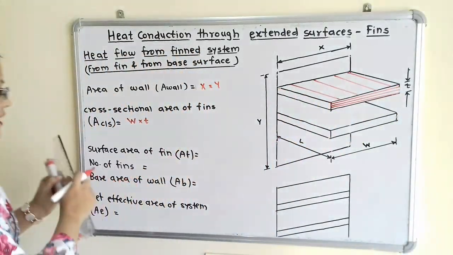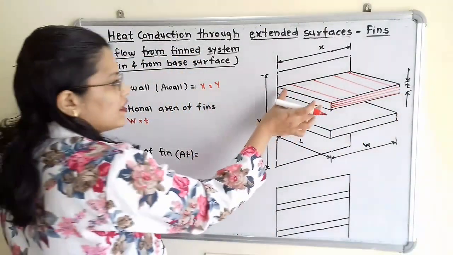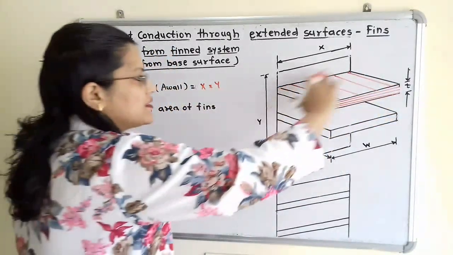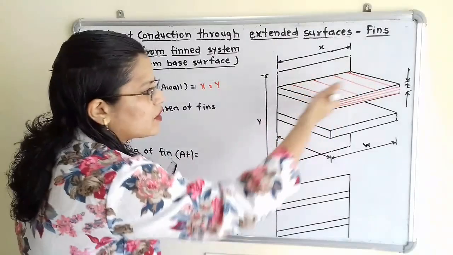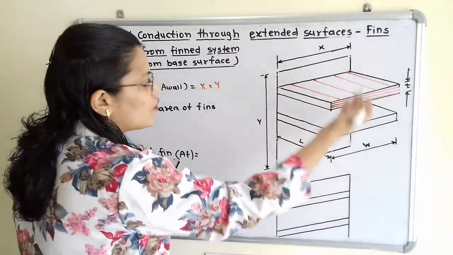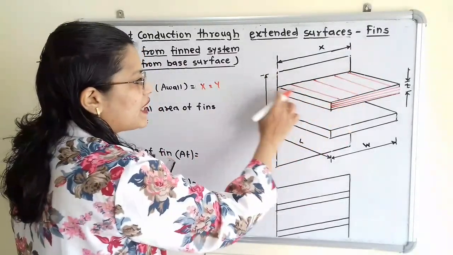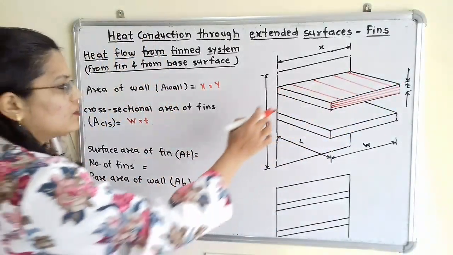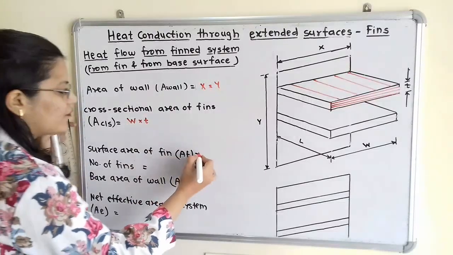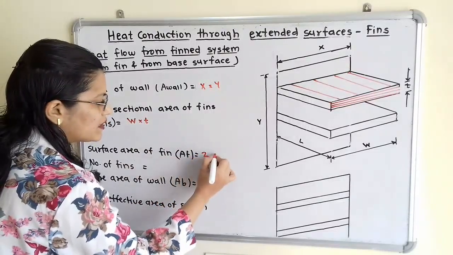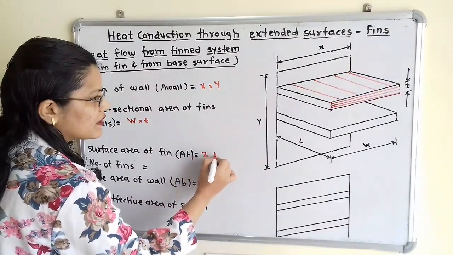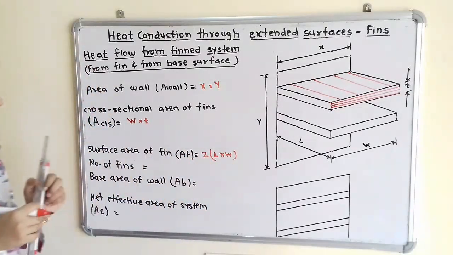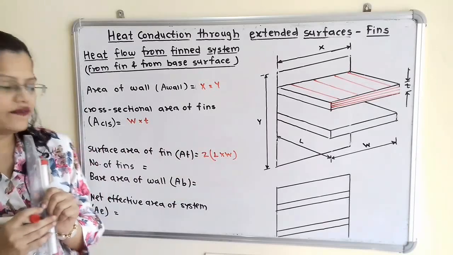So surface area of fin means L multiplied by W, but this is the upper surface. What about the lower surface? For the lower surface also the same dimension is there, that is L and W, and this is for one fin. So we will write here surface area of fin is 2 multiplied by L into W.